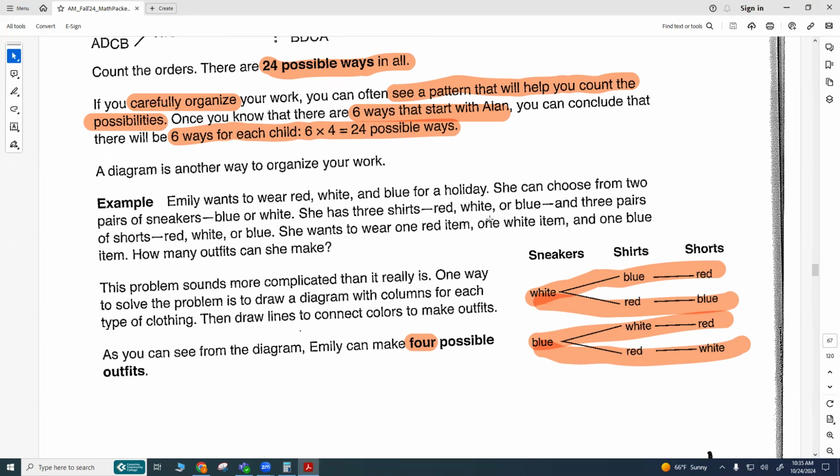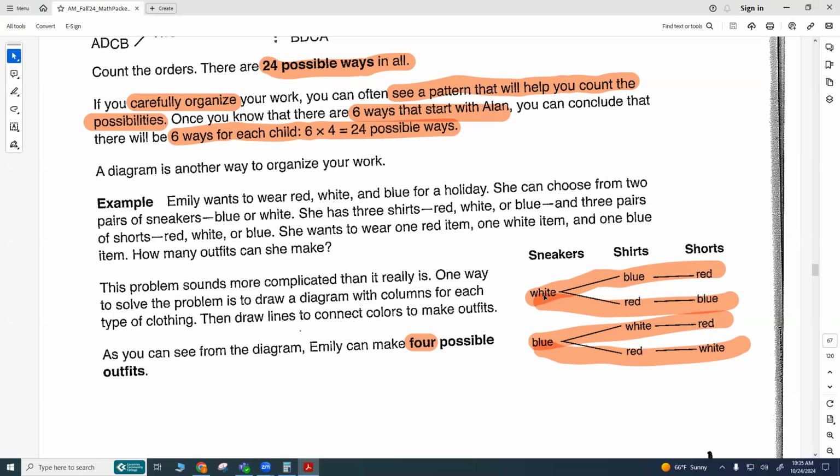She has 3 shirts and 3 pairs of shorts, all of those 3 colors. And each outfit needs to have 1 of each color. So that's the rule of the combination. So once you figure out that she only has white shoes and blue shoes, that's where it starts.